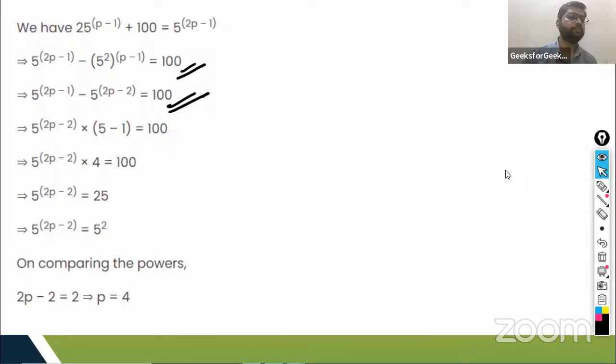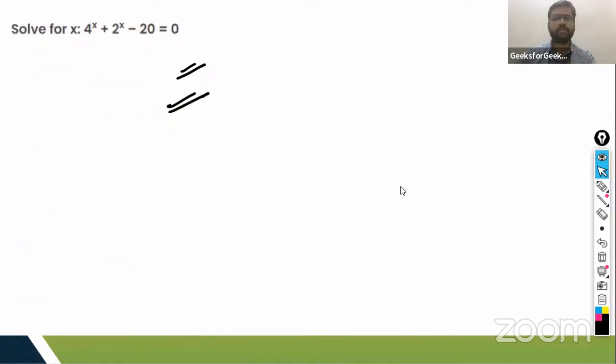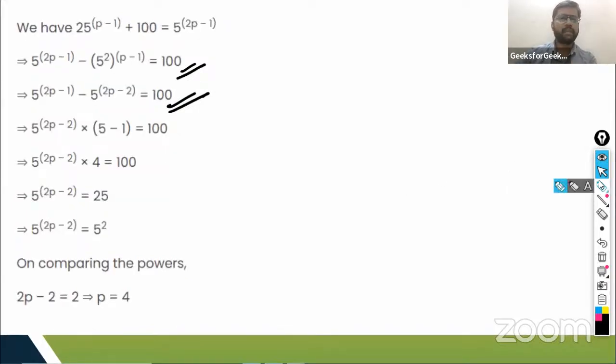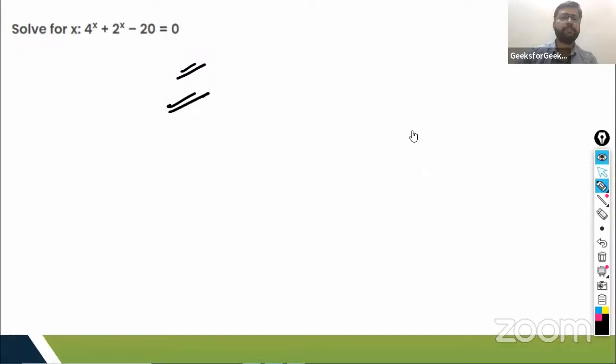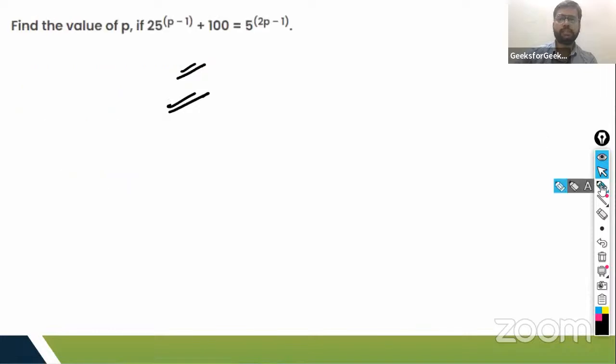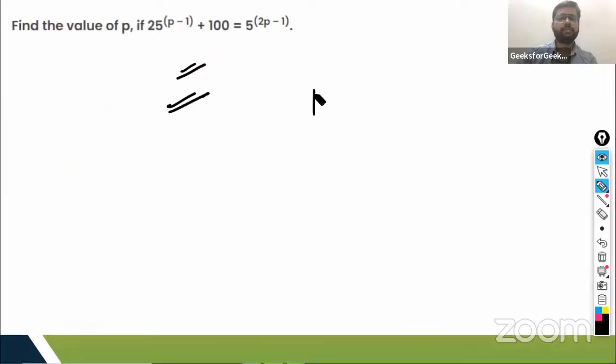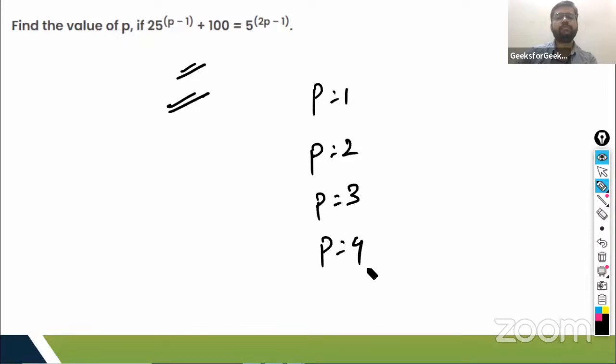But I am highly not supporting these options this way, because what happens is, earlier you did not have a method, so I told you a method that you can solve these questions like this. But what if, just see this part: in the definitely GATE will be in the option of 1 2 3 4. So they are asking the option like this: p is equal to 1, p is equal to 2, p is equal to 3, and p is equal to 4. Suppose they have given it, because definitely the value of p will only be found out when the options are given.